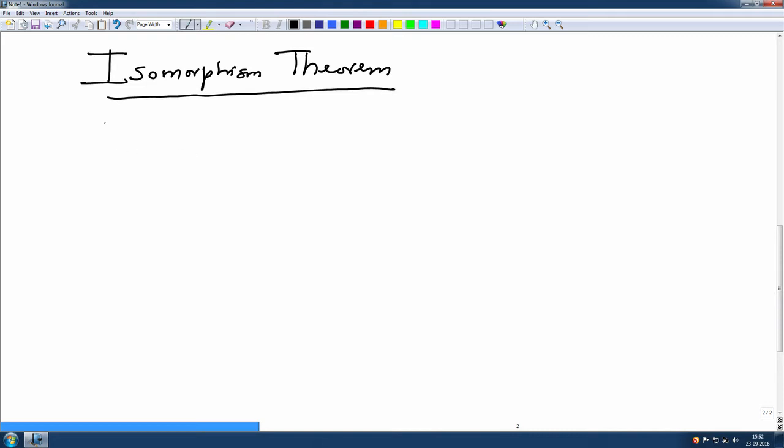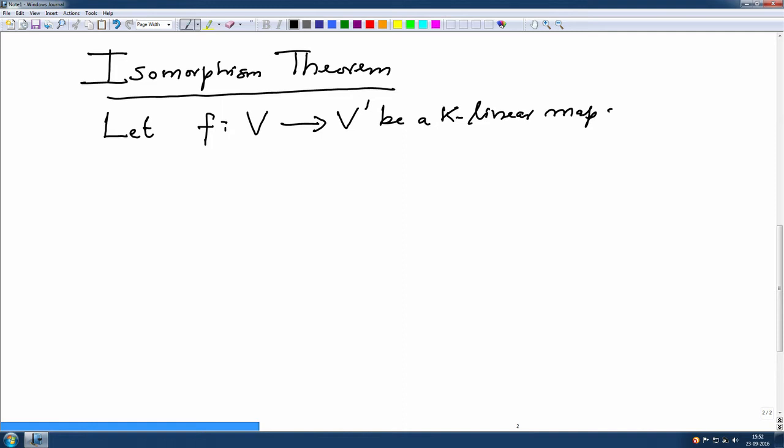So, let F from V to V prime be a k-linear map of k vector spaces.